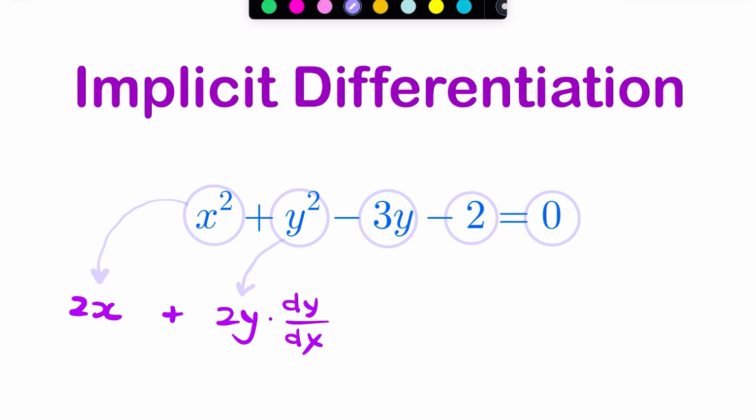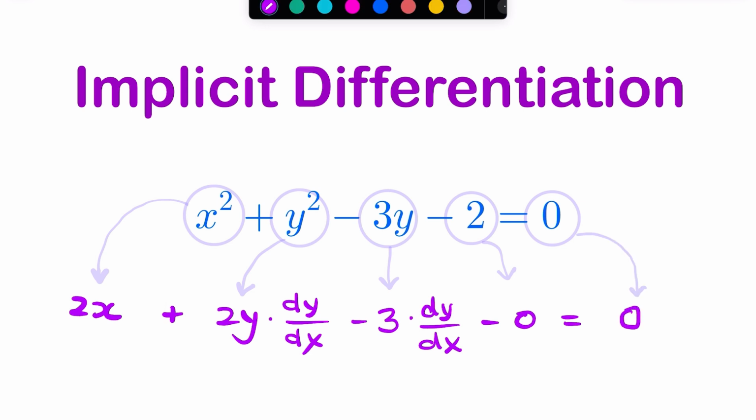And then if we want to differentiate negative 3y, the derivative is negative 3, but because it's y and not x, we need to multiply by dy by dx. And the derivative of 2 is 0, and the derivative of 0 is 0. So all constants, their derivative is 0.